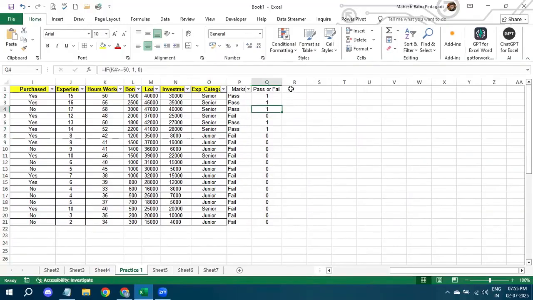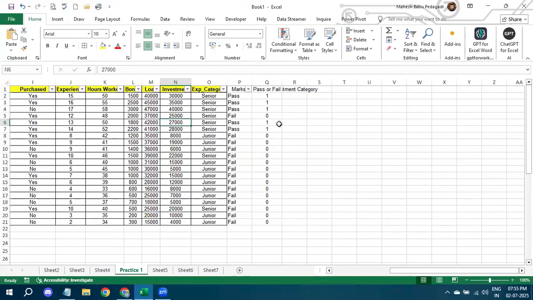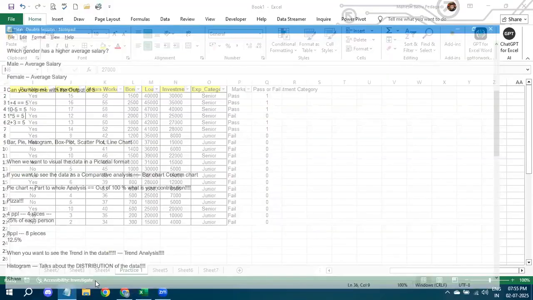Yeah, Hani Sharma, I'm explaining the if condition once again. Look at it. I want to say investment category. The condition is, who is having greater than, let's say, 25,000, high investment, less than 25,000, low investment.